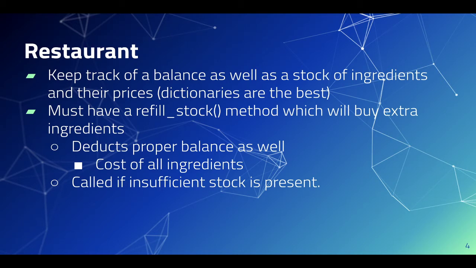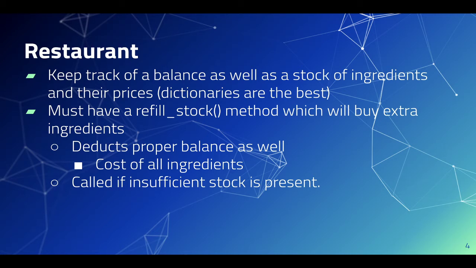We must also have a refill stock method, which will buy extra ingredients. So we have our balance, which is a certain amount of money or budget the restaurant has, and it'll deduct from the balance whatever you need to include more ingredients. So let's say a recipe comes in that's requiring 10 carrots, but you only have 5 carrots. You would have to buy the 5 carrots and deduct that amount from the balance.